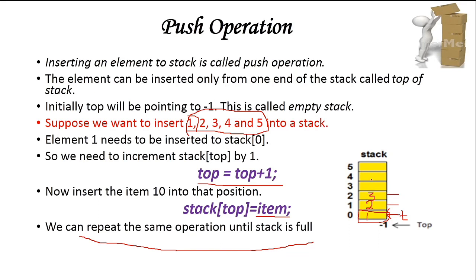Like that I can continue: increment the top, insert the element, increment the top, insert the element, right? Now say my stack size is 5. Then this position is not there. You have the positions only till this. Now what will happen? Maximum size has been reached, right?